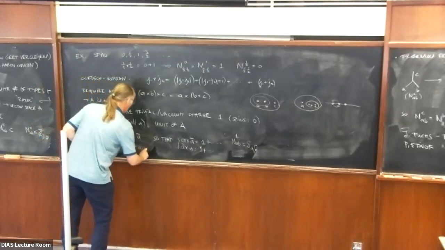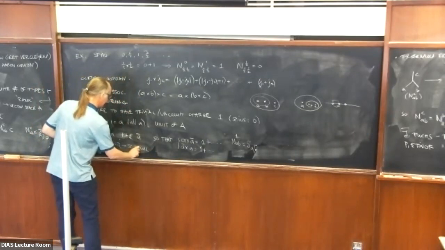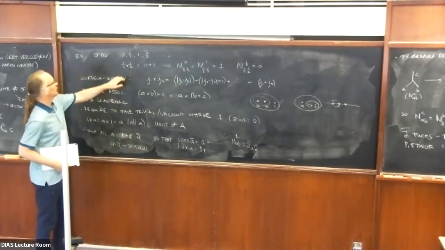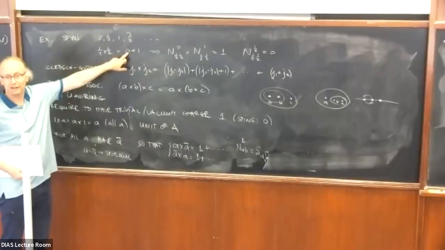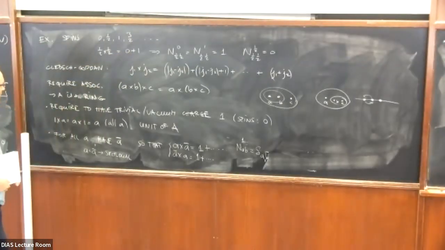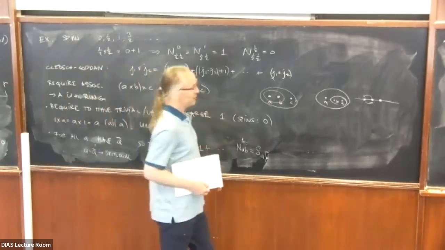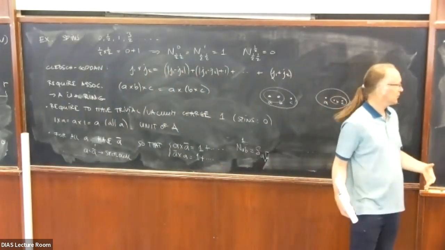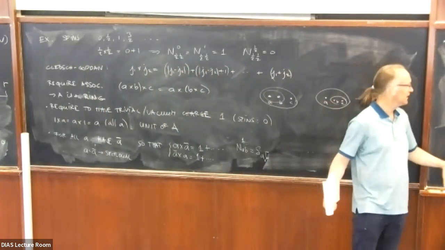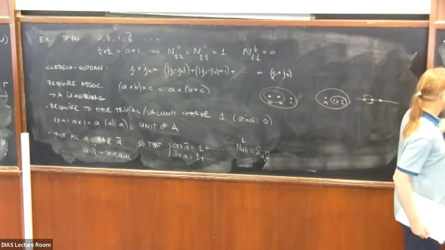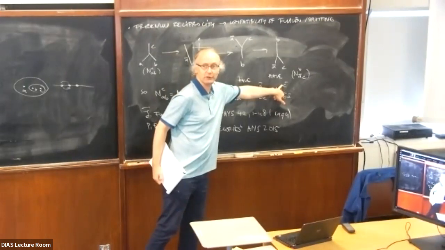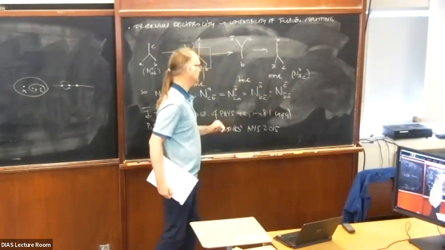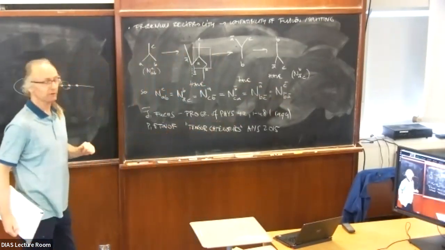This happens in particular for all spins, because spin 1/2 goes with 1/2 to the trivial spin, and same for all the other ones. So if this happens for all particles, which is a significant percentage of all fusion rings, then we see that N_{AB}^{C} is equal to N_{BA}^{C}, and the fusion is actually commutative.